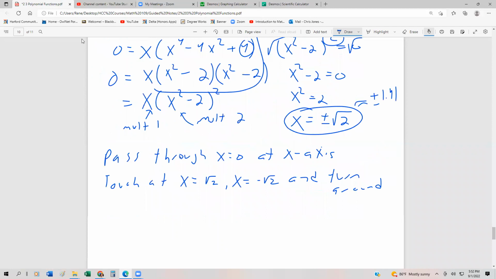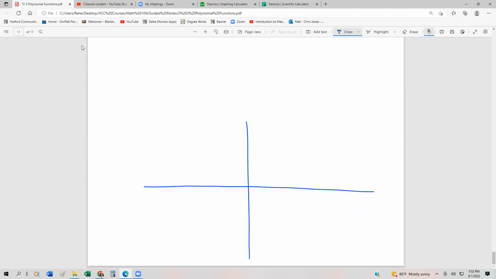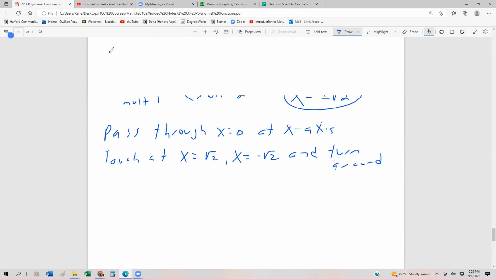Okay, because remember, both of those roots had multiplicity of 2. So if I'm graphing this, okay, down here, we have our 3 roots so far. Okay, so we have 0, 0, and it's going to pass through that graph. And then we have negative 1.4, which might be right about here, and then positive 1.4, which might be right about there, and it's going to turn around. Okay, so next thing we're going to do is we're going to find the y-intercept.